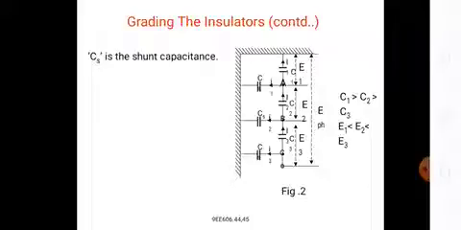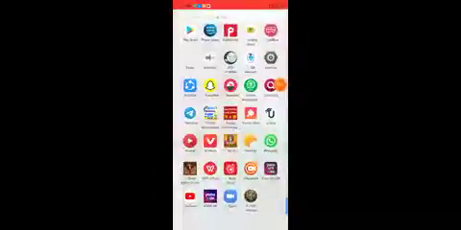The shunt capacitance ratio K is equal to CS, the shunt capacitance, by the mutual capacitance. K is equal to CS by C1, so CS is equal to K into C1.